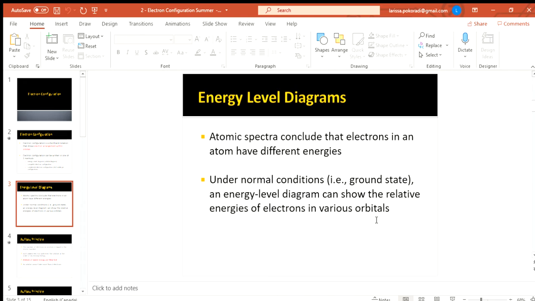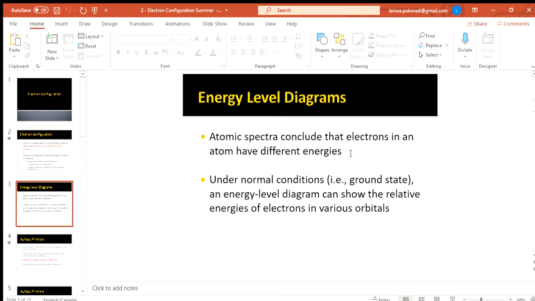Energy level diagrams we've already mentioned, and we saw an energy level diagram in the last slideshow, that as we go up in principal number, in n value, we're getting greater and greater energy levels. Depending on the way you read energy level diagrams, sometimes it will show you that.